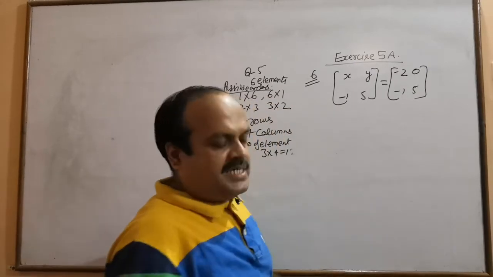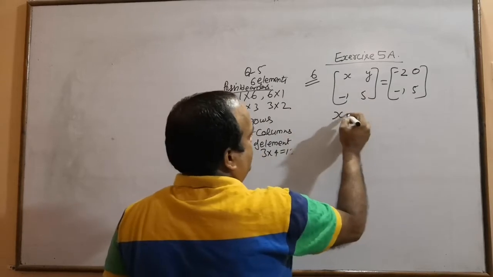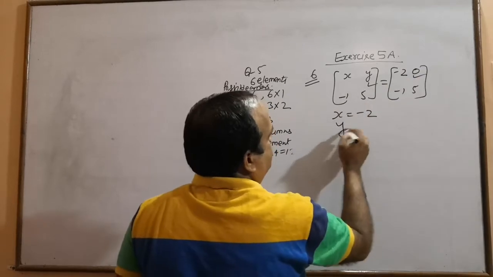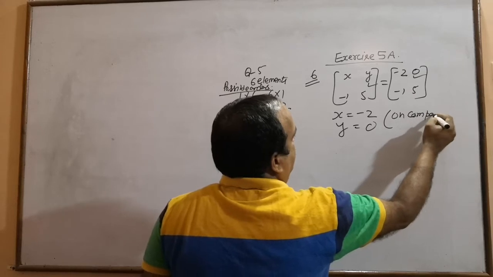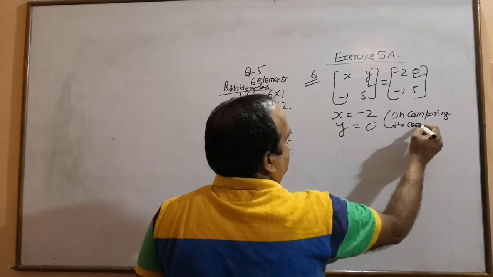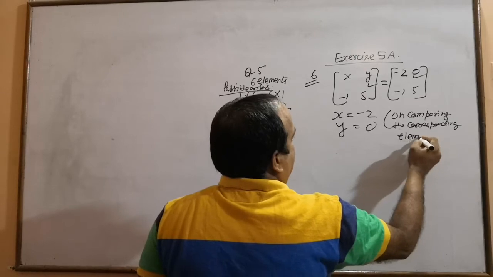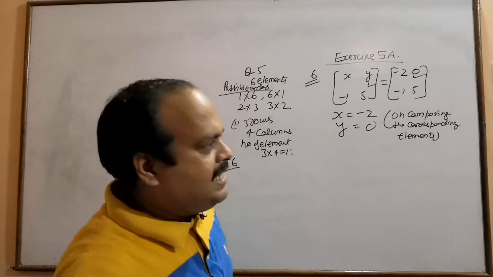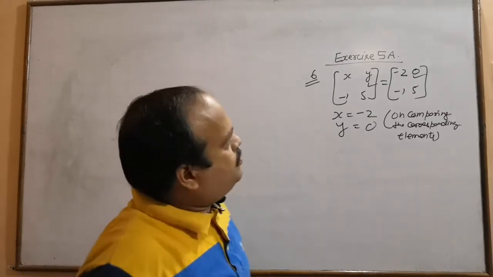As I told you, when two matrices are equal, their corresponding elements are equal. So on comparing the corresponding elements, x equals minus 2 and y equals 0. So we get the answer minus 2 comma 0.